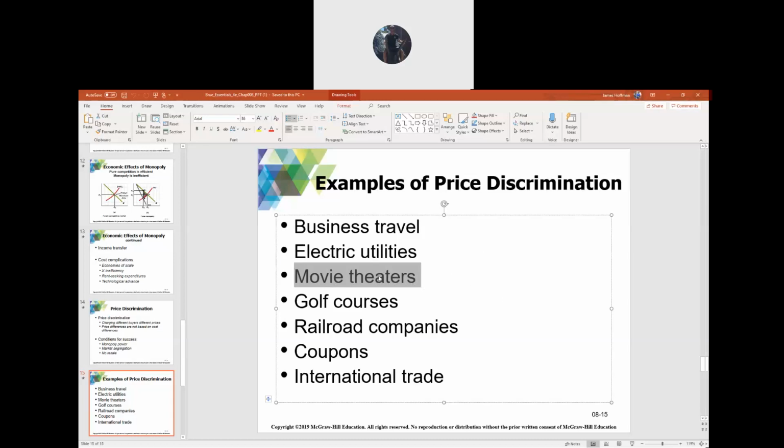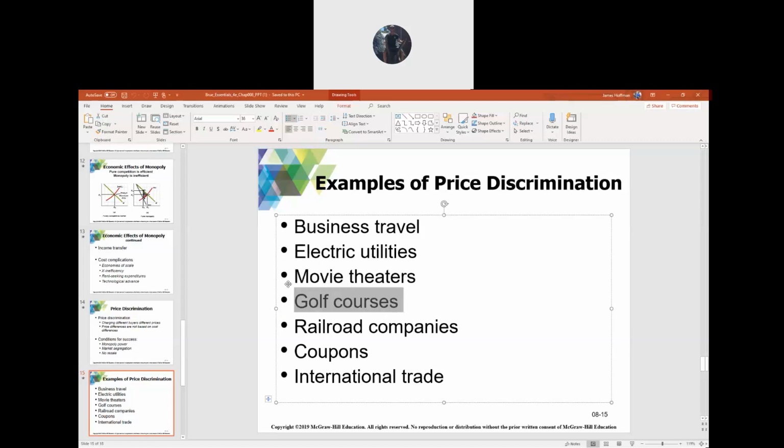I think they had student discounts. And if you go early in the day, right? Yeah, military discounts. So if you fit a certain criteria, you get a discount, and you're seeing the same movie, getting the same seats, but you get a lower price given your qualification. Also, if you went to a matinee early in the afternoon, there's less demand for that, so they could charge a lower price.